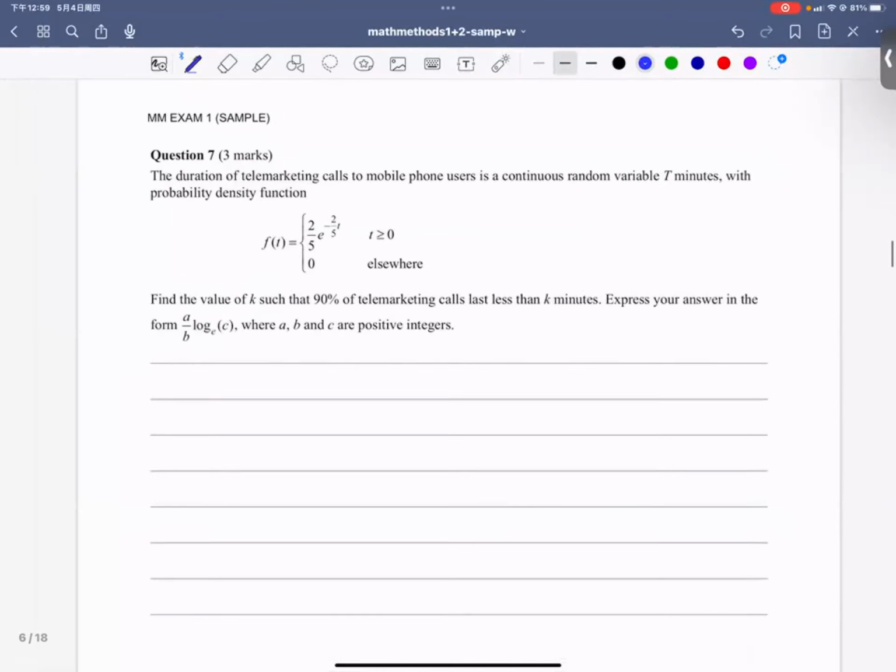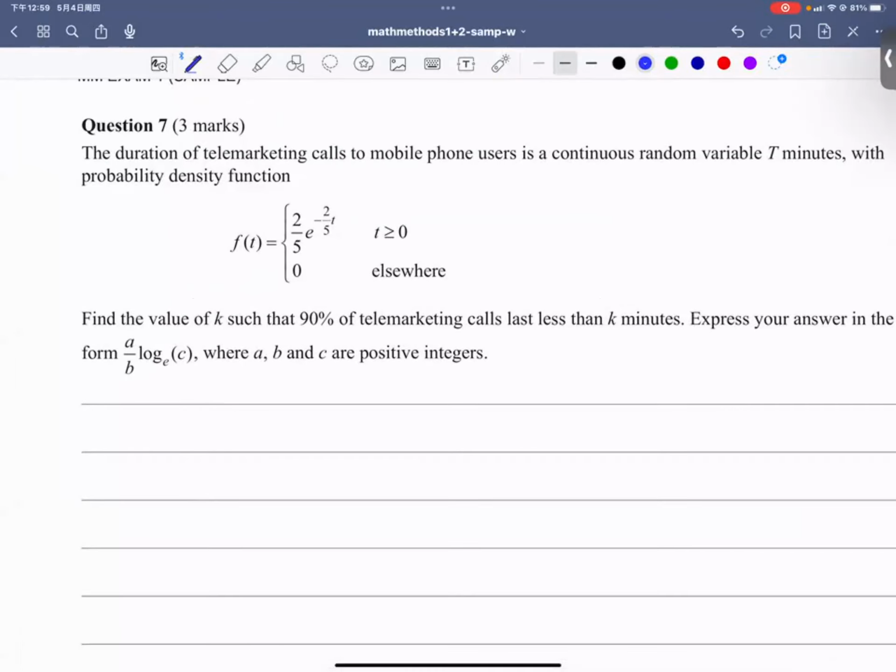Finally, I've got a probability density function with a variable t here. And I'd like to find a value of k such that 90% of the telemarketing calls last less than k minutes, which means the probability of a random variable less than k is equal to 0.90, or let's say namely 9 over 10, okay?